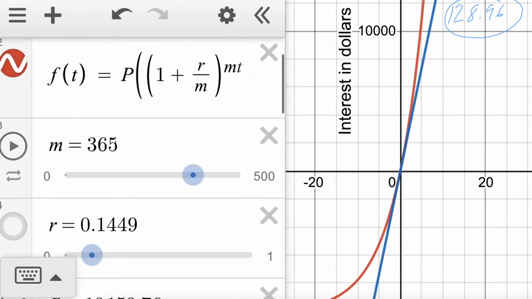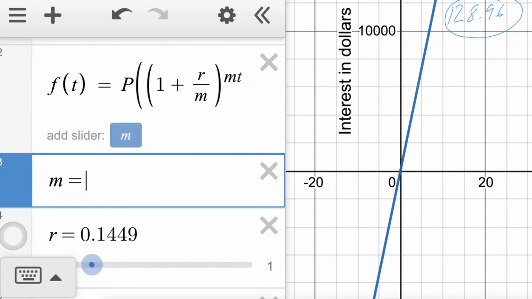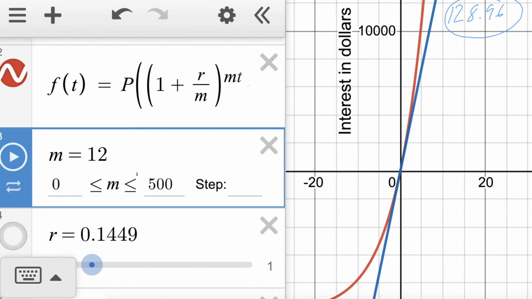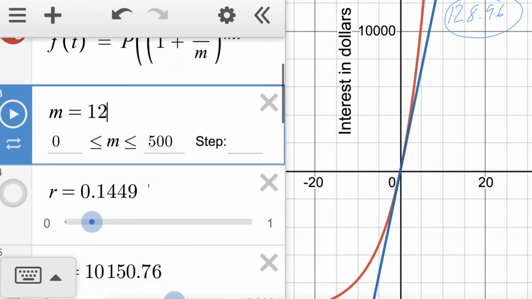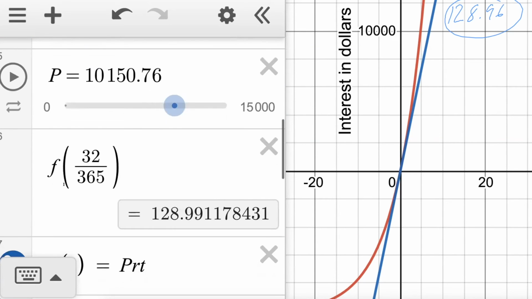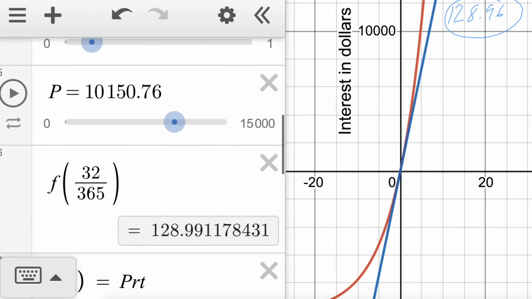And then I ask myself, if M is 12, and I use the number of days instead of the number of months, 1/12, then I get a more accurate number, 128.99 and 128.96.